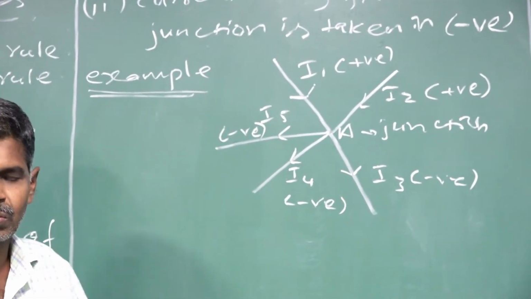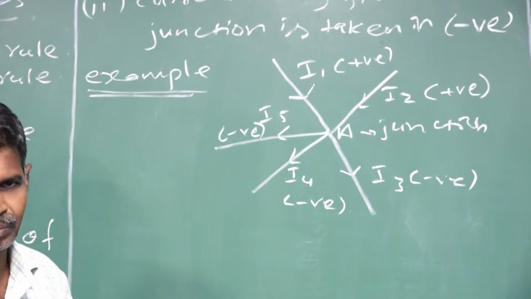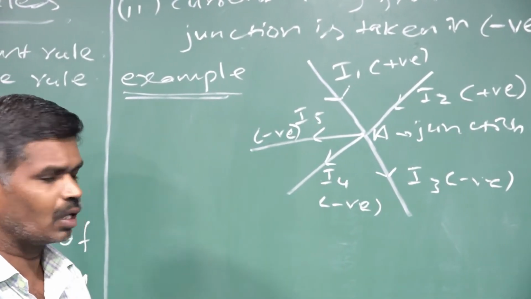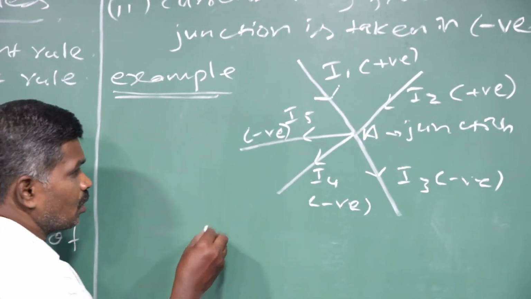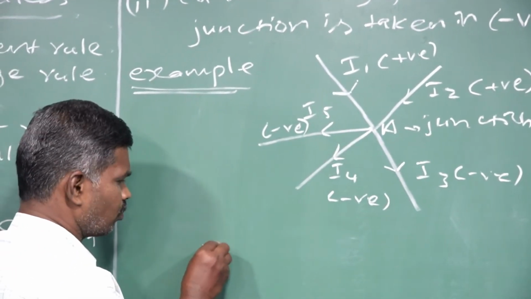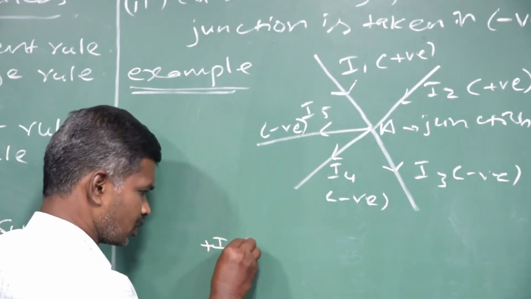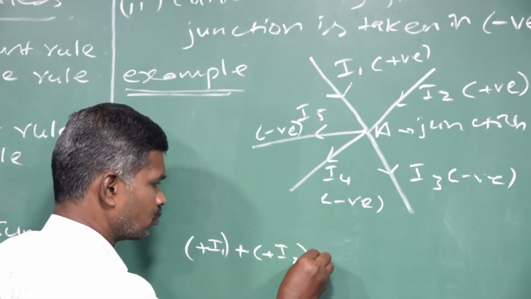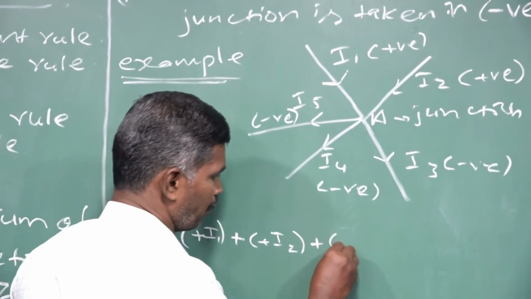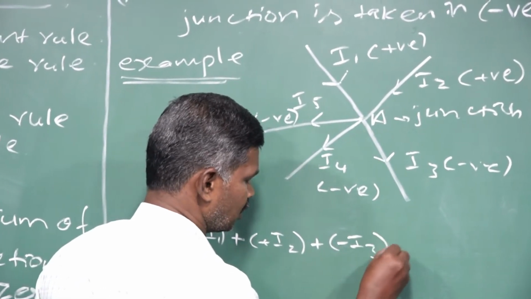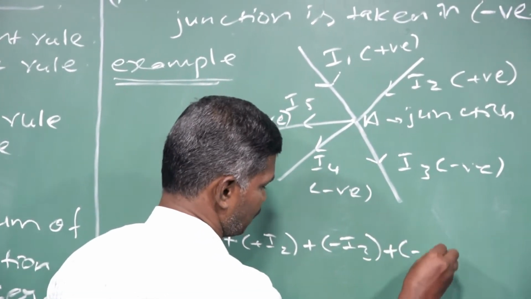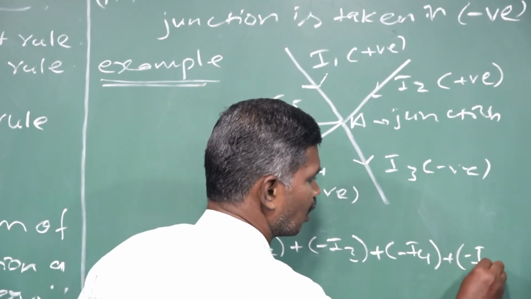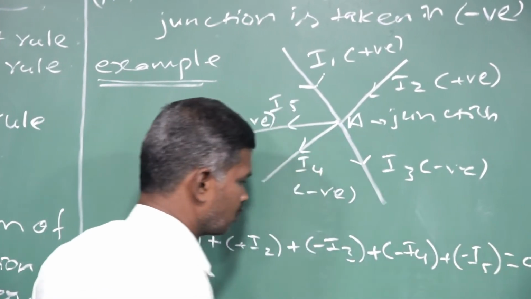But we want to take a total algebraic sum. Then only follow our rules. That's why, according to our diagram, plus I1 plus I2 plus, is a minus I3 plus, minus I4 plus, minus I5 equal to 0.